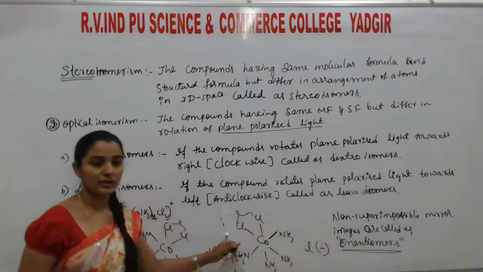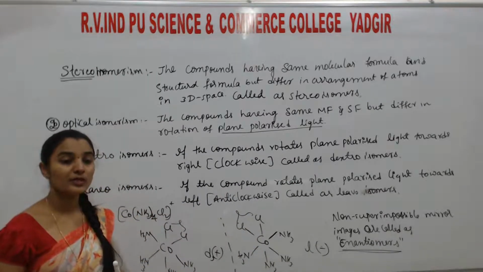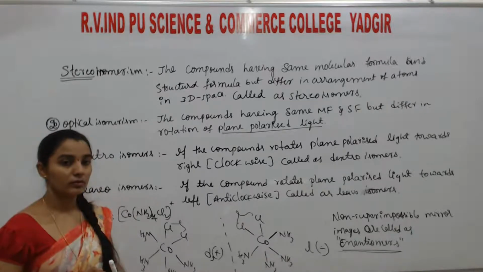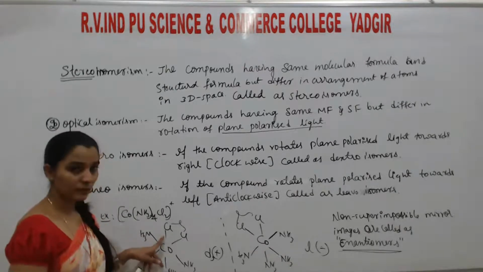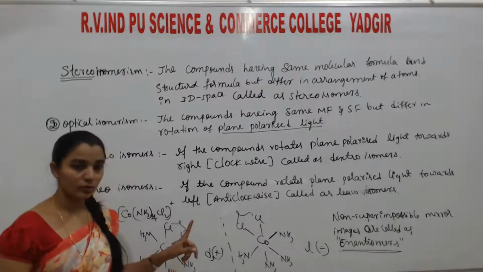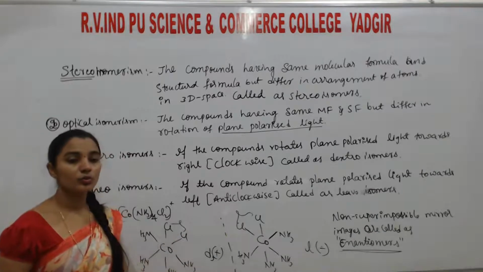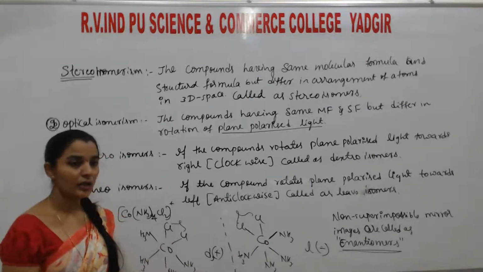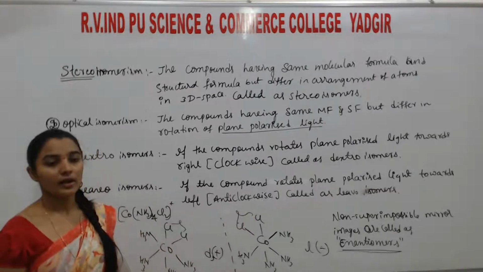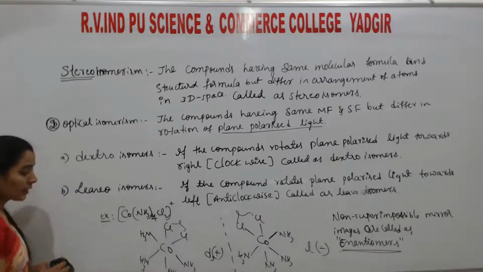This is the best example. They cannot superimpose. Superimpose means exactly one is placed above the other. Understand? So here Cl and NH3 are superimposed atoms, and these four are non-superimposable. That's why it is a mirror image, as well as an enantiomer. Understand? So next one, students.